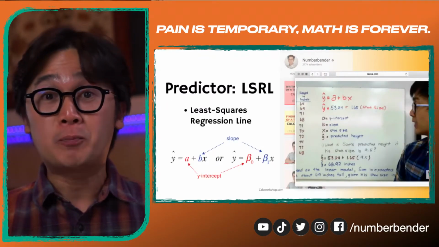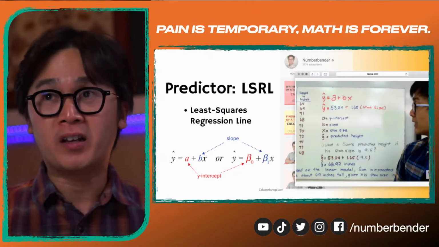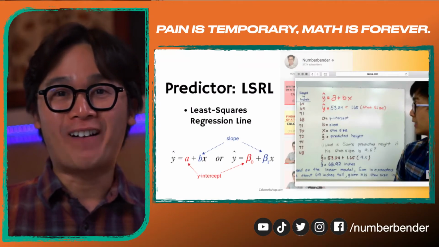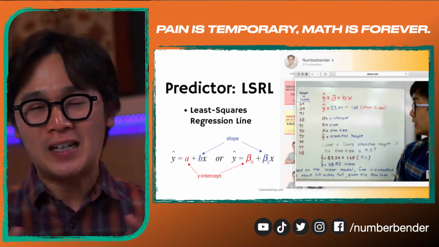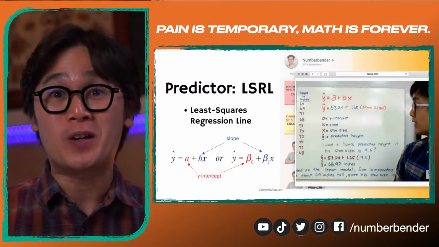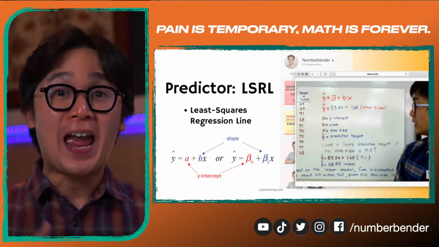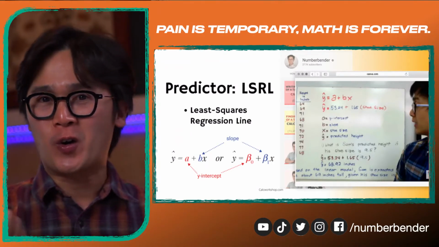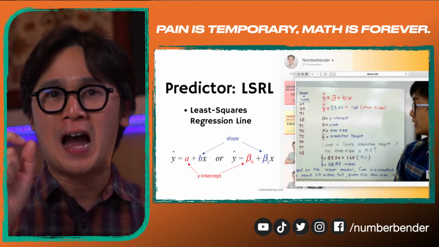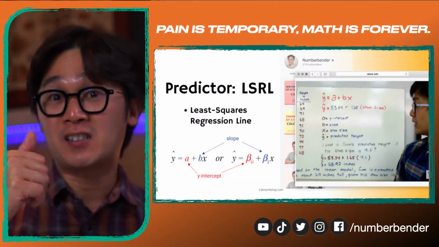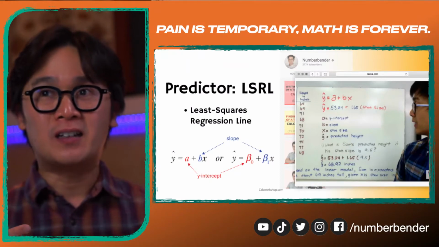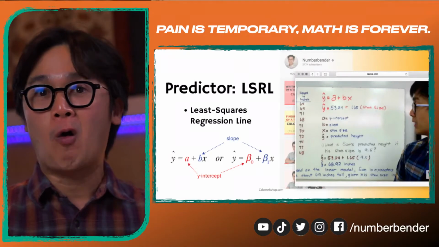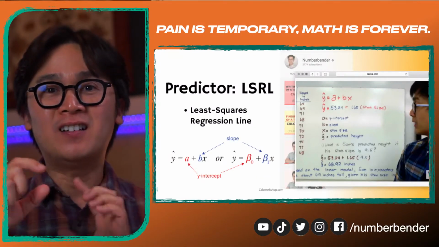And of course, our predictor, or our model, also known as the LSRL, or least squares regression line, is basically the formula that we use to predict an outcome given the value of X. Two quantitative data sets that you can use for your statistical project could be the number of hours you sleep and your statistics grade in class. You can collect data and ask your classmates and friends how long they sleep and their current grade in statistics.